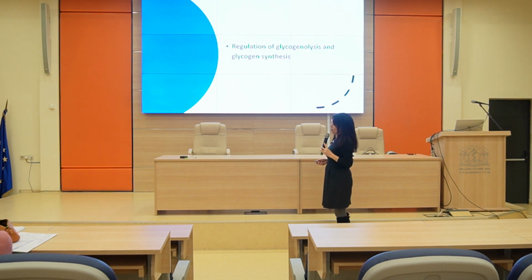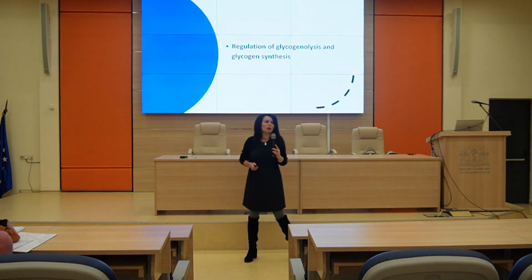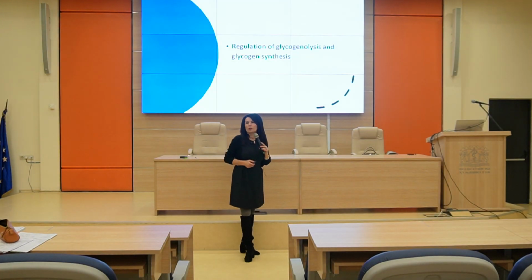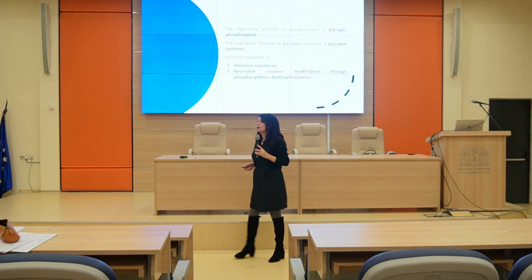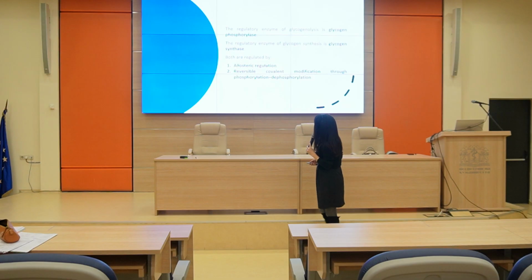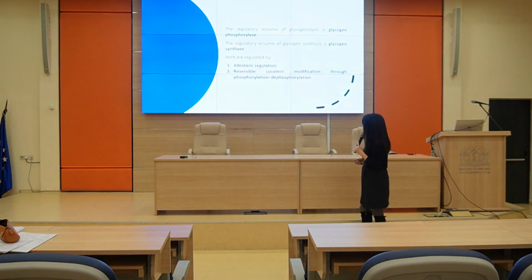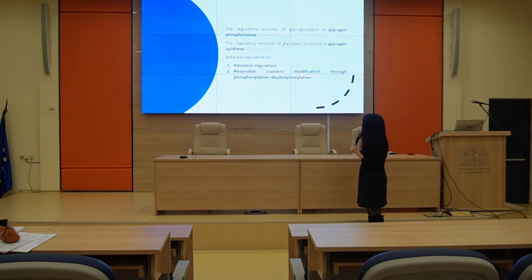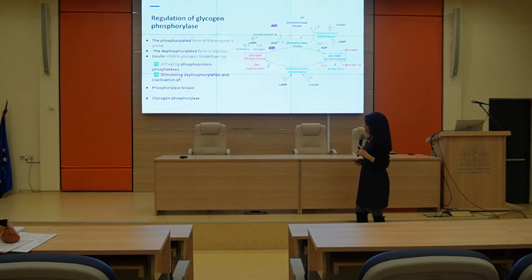Regulation. How many regulations do you know about? Allosteric regulation and reversible covalent modification. Yes, both of these regulation pathways are used. The main enzyme of glycogenolysis is glycogen phosphorylase. The main enzyme of glycogen synthesis is glycogen synthase.